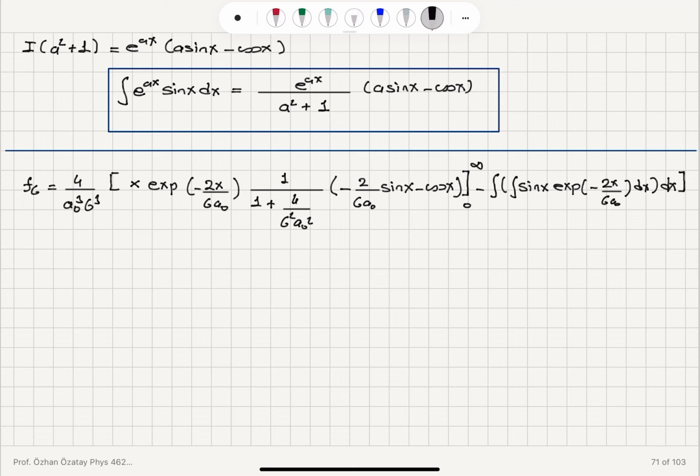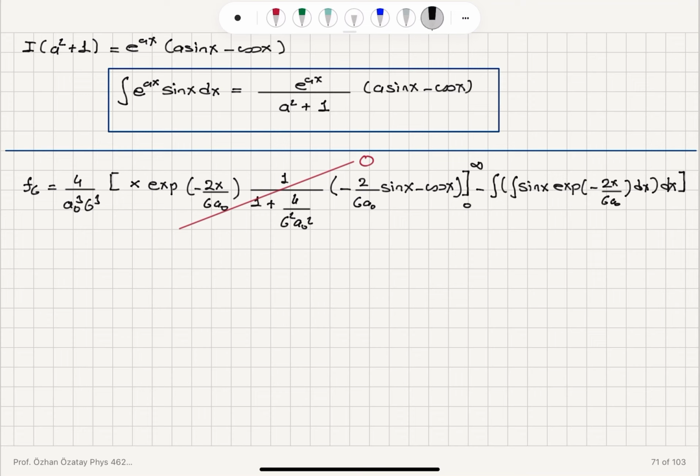And if I substitute here x is equal to infinity, you can see what will happen. Exponential minus infinity, this will become 0. If I substitute x is equal to 0 here, now because of this x term here, this is going to become 0 as well. So this term basically gives me no contribution. So the answer for this part is 0. So I'm left with this part of the integral.